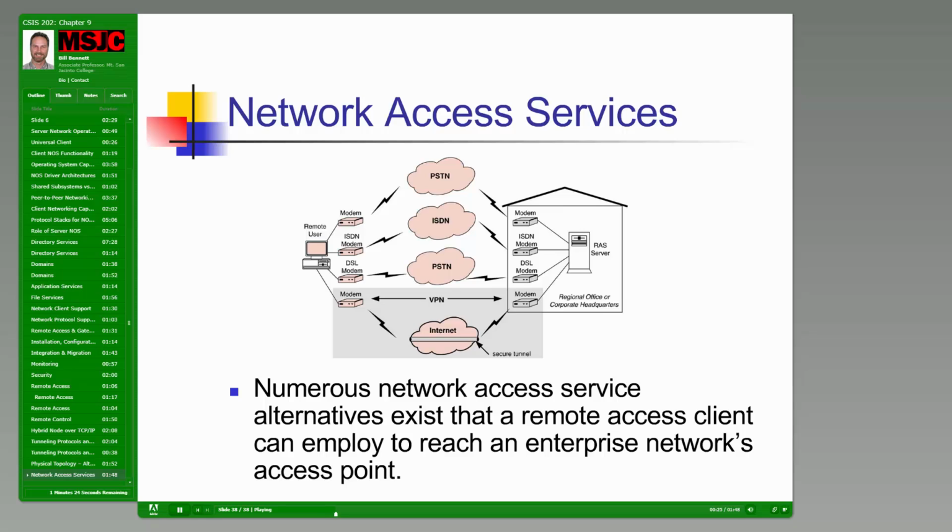And so you have to have a specific type of modem, an ISDN modem, to make that connection. If you're using a DSL modem, you're actually going over the public switch telephone network. And if you are using a VPN, any of these previous technologies, a modem, an ISDN, a DSL, and again FiOS, UVerse, cable, any of those technologies can be used in a VPN.